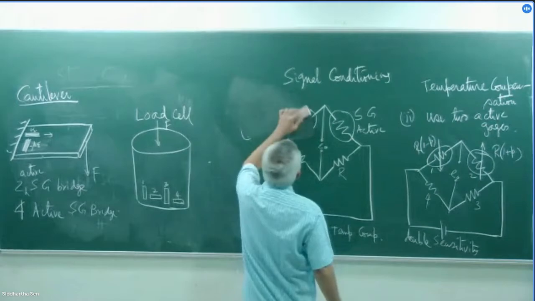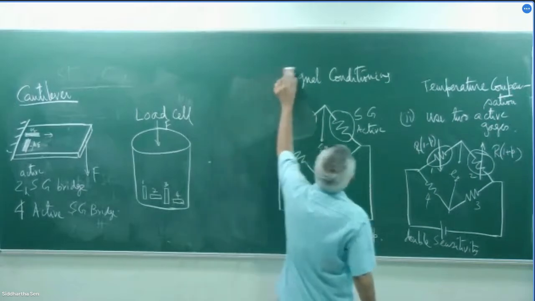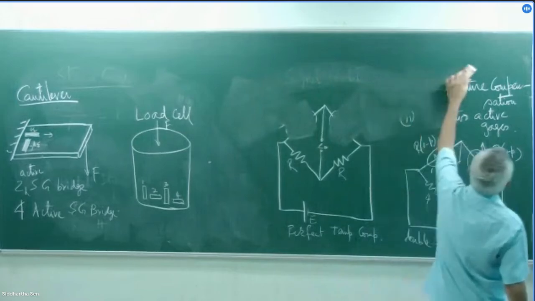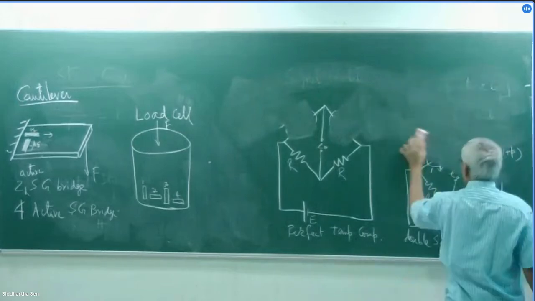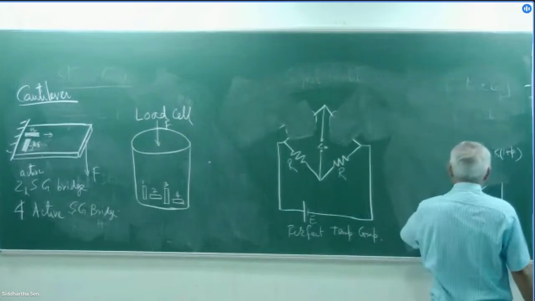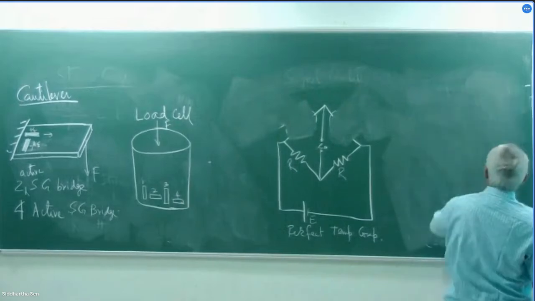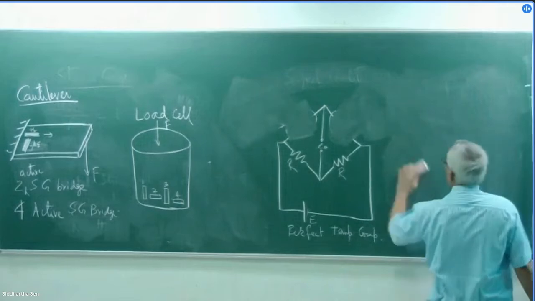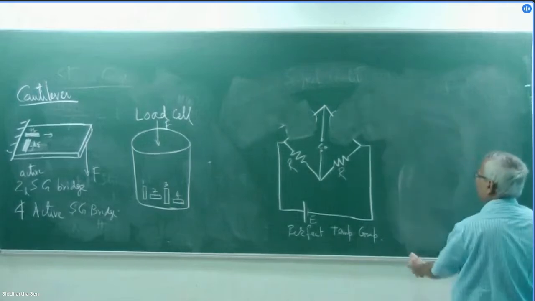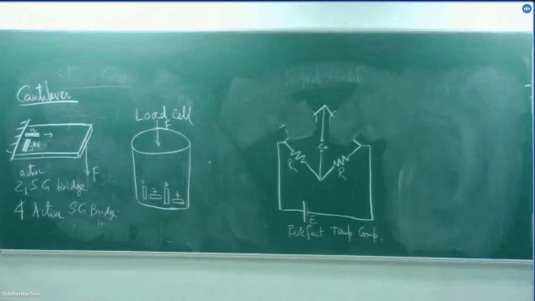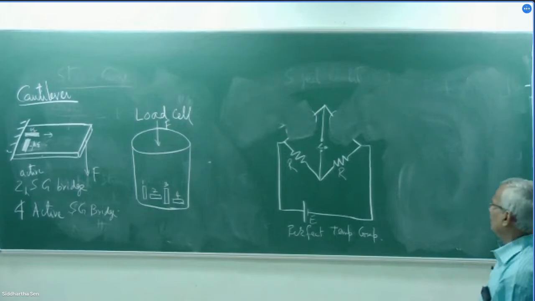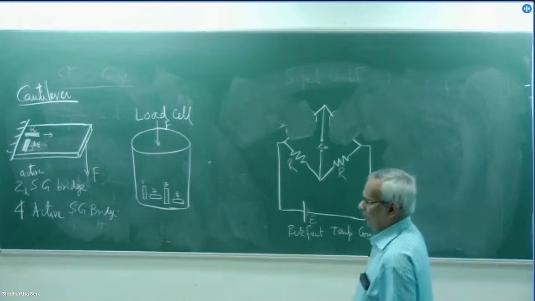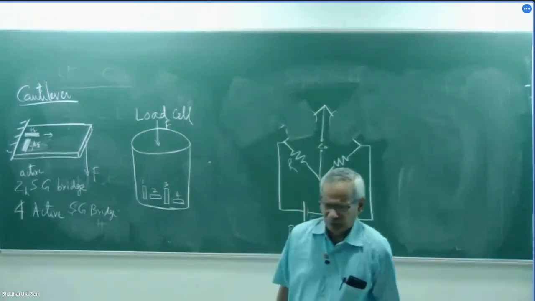Now we will go into a little bit more detail, because the question may come that suppose there are four strain gauges. In a more general case, there are four strain gauges, all are active, but the strain gauges may be different, they may be experiencing different strains, etc. How would you calculate the unbalanced voltage?